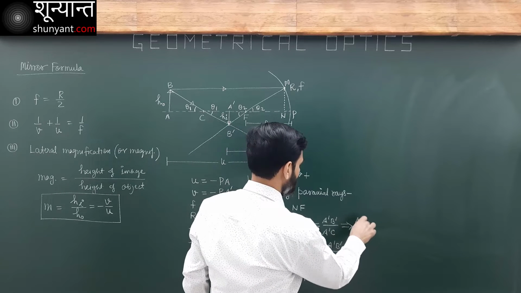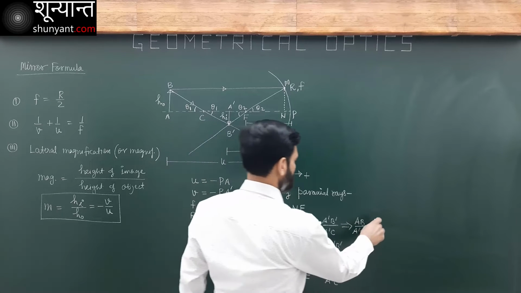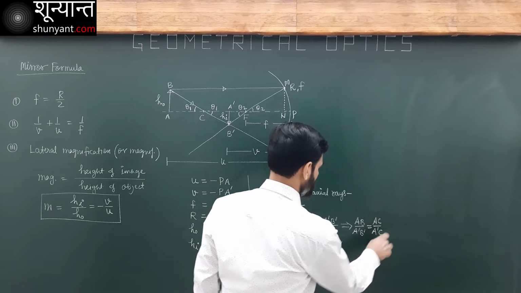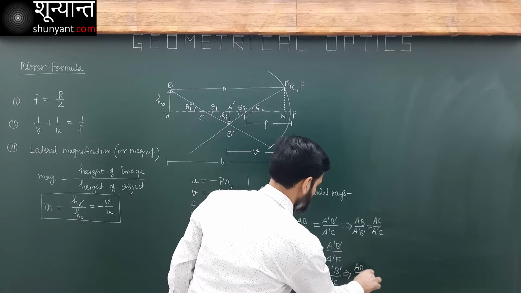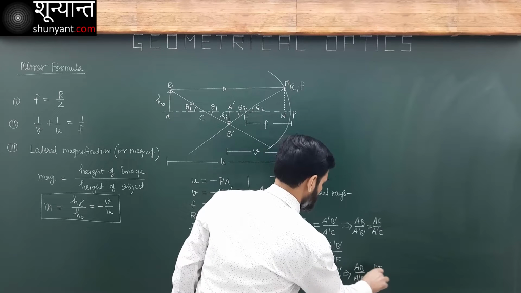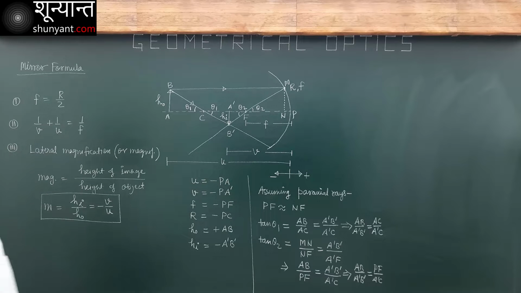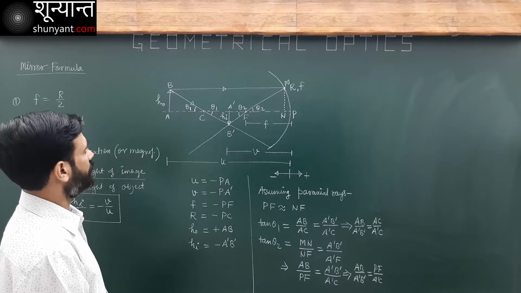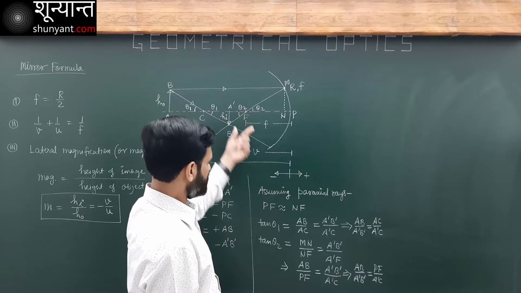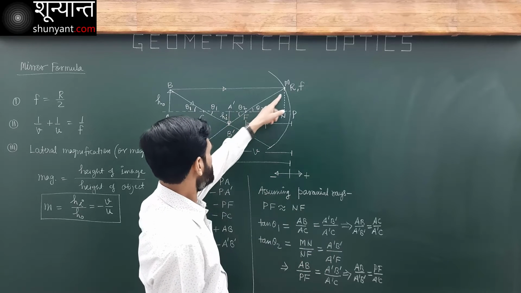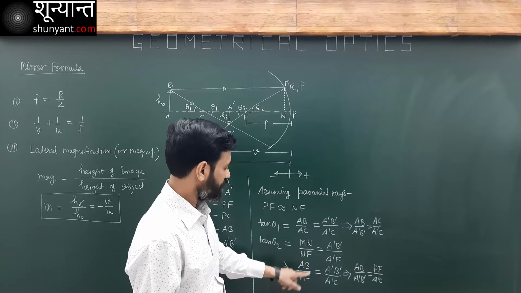From here I can write AB over A dash B dash is equal to AC over A dash C, and here AB over A dash B dash is equal to PF over A dash F. This is AB over FN, I am writing it as PF.